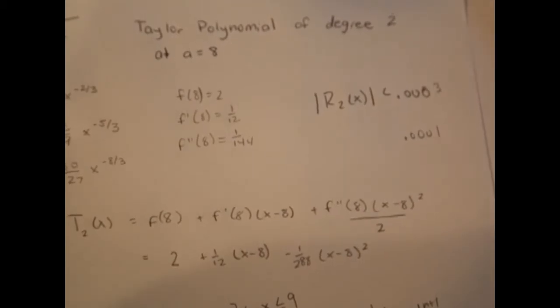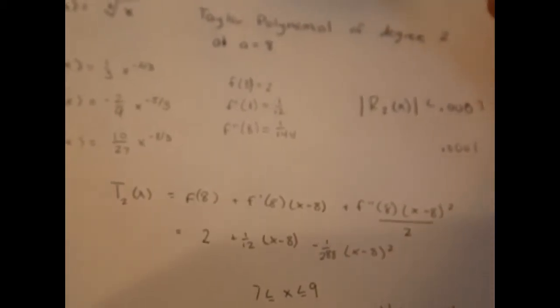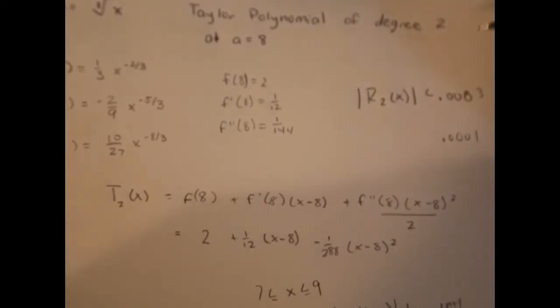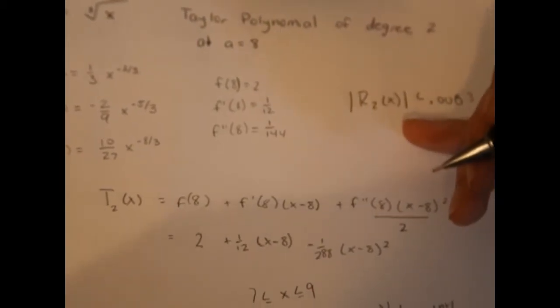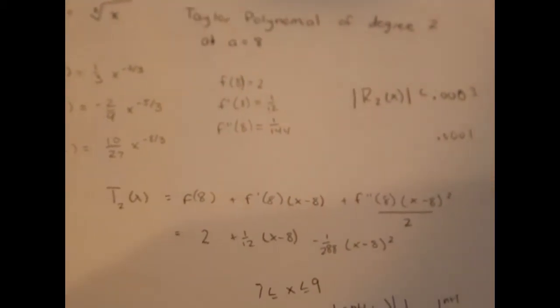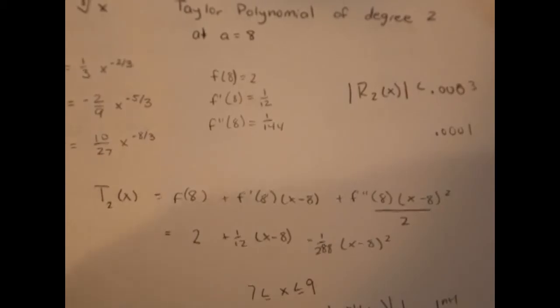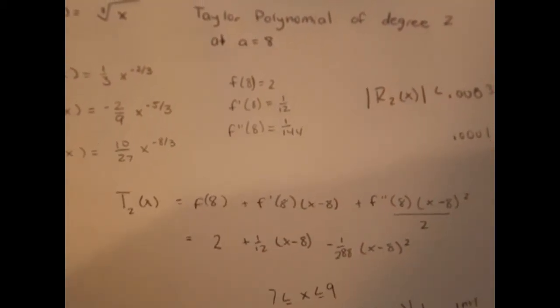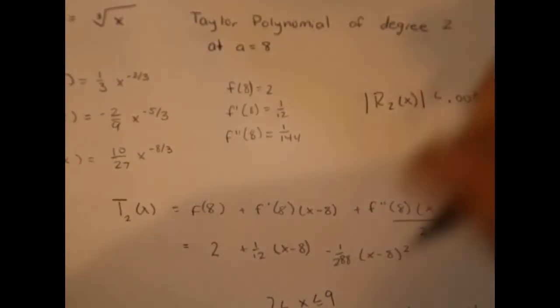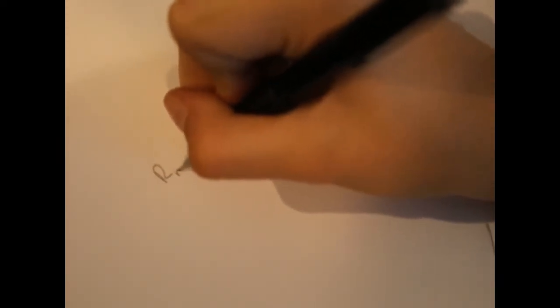So overall, some of these problems are going to give you the problem backwards, and they're not going to ask what the actual error is. They're going to ask how many terms you would use to find the error within 1/1000th or something like that. So they would ask you what the error would be between something like this, and you would have to set it up as R n of x, and then you're going to find the value of n.